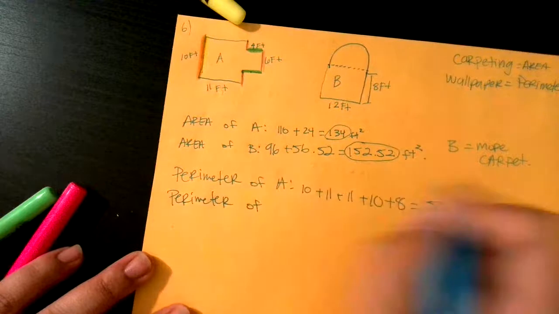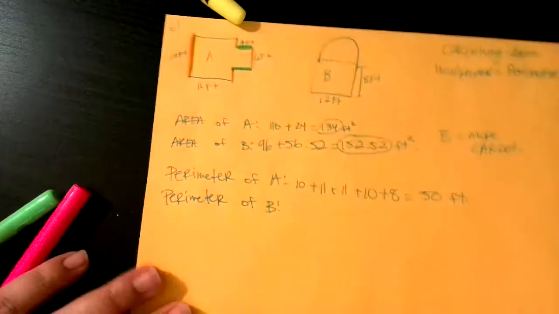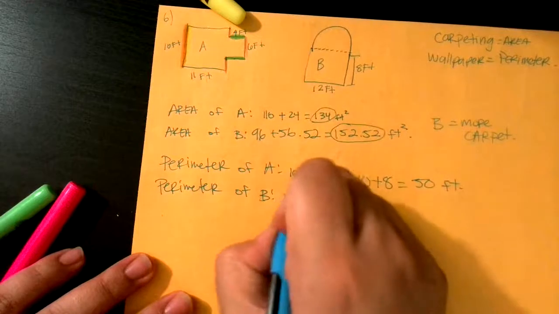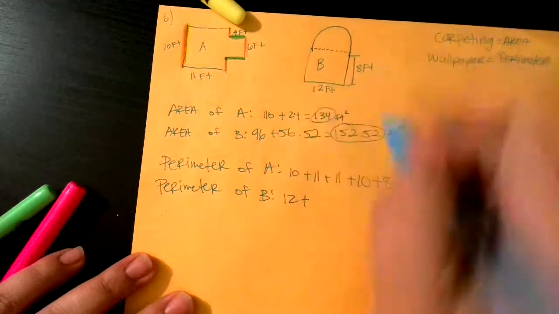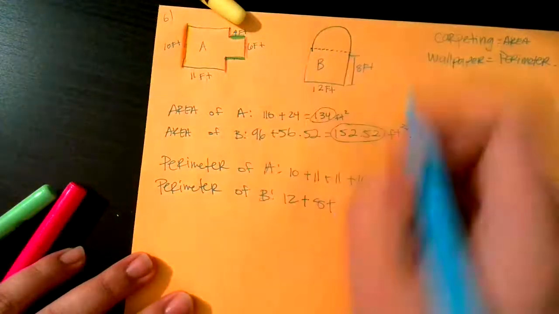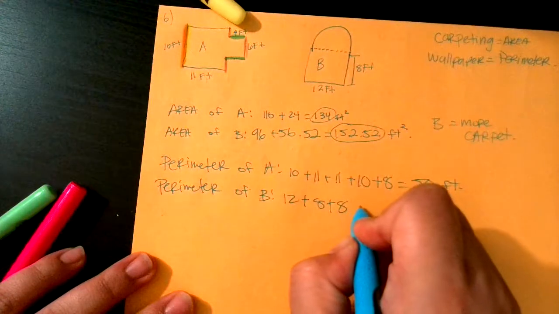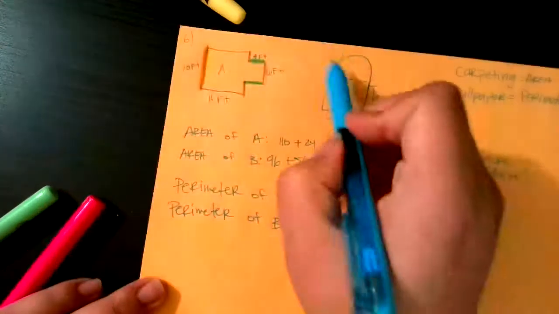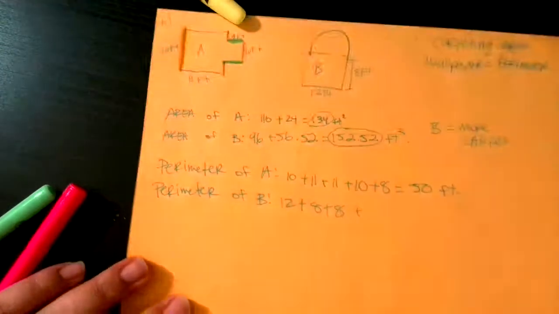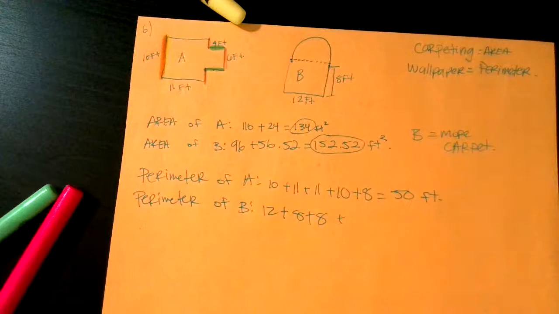Alright, so perimeter of B. So we have 12 plus 8. And then this side is also 8, right? So plus 8. And now what you really have to do is find the perimeter of this semicircle. So let's recall something that we did in our PowerPoint.